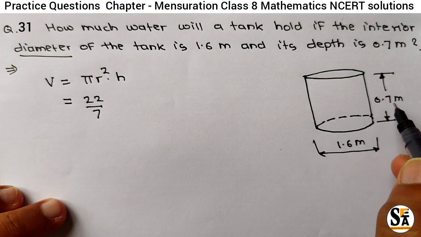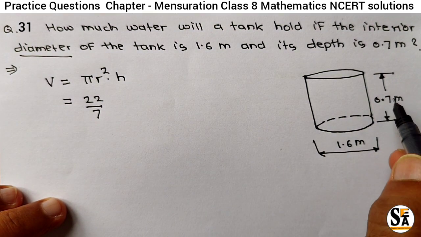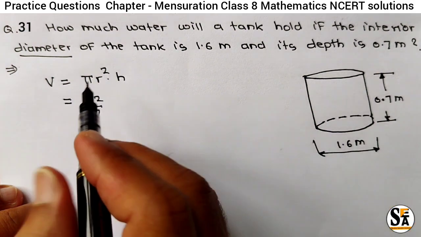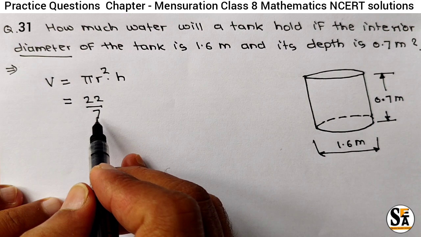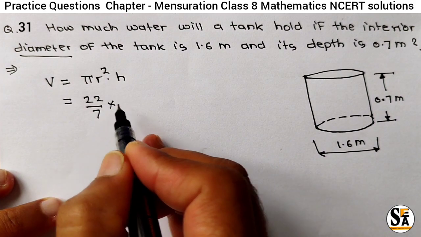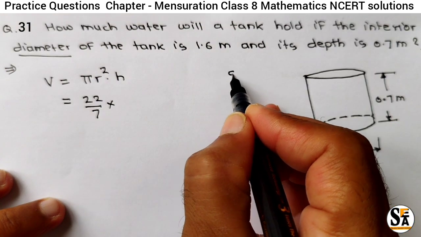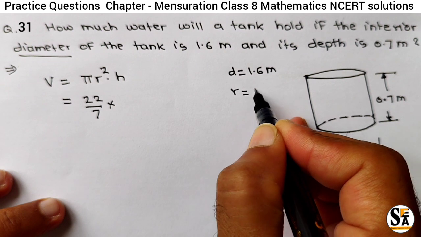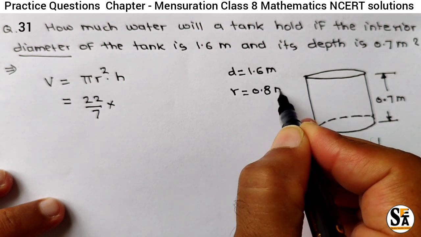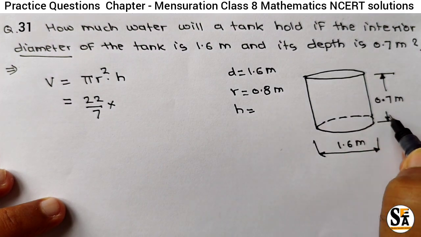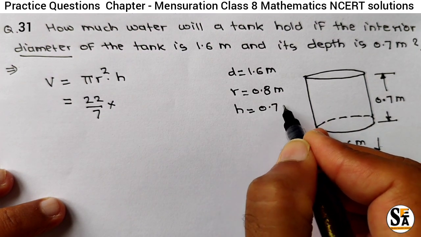Here just see, the height is given 0.7. When the dimensions are in multiples of 7, then take the value of pi as 22 upon 7, because it becomes easier for calculation. Here the diameter is given 1.6 meter, so r will be 0.8 meter because the radius is half the diameter, and h is this 0.7 meter.